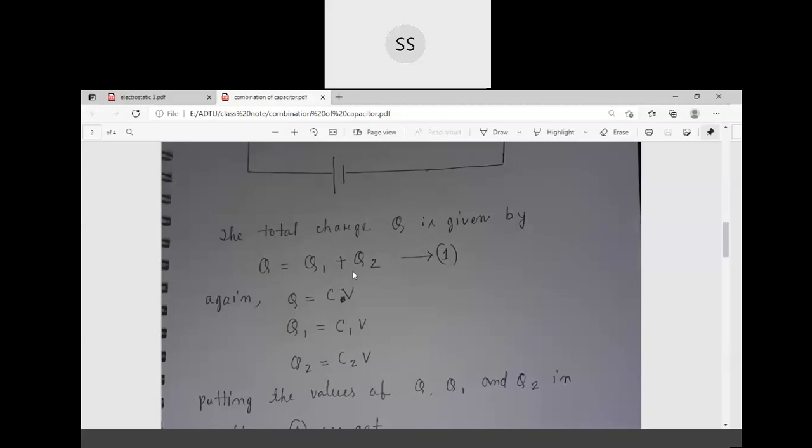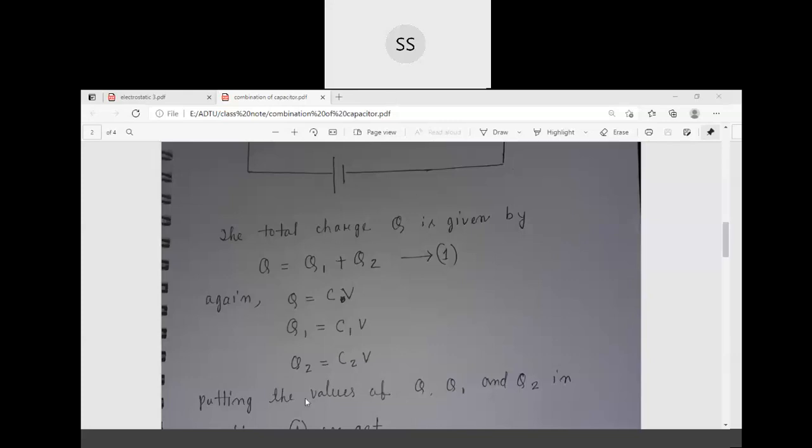Wait, let me give you an example. Okay, so Q will be Q by C1 plus C2.